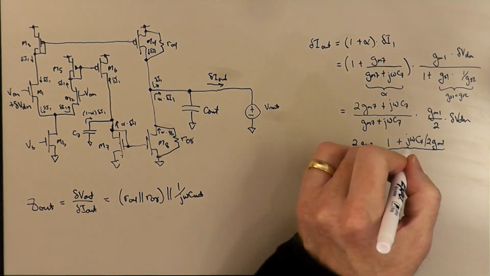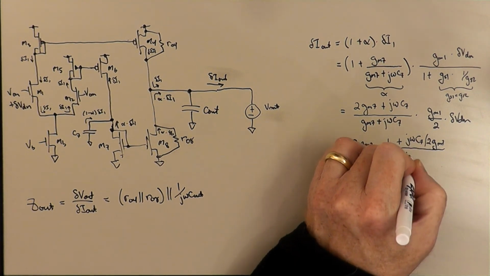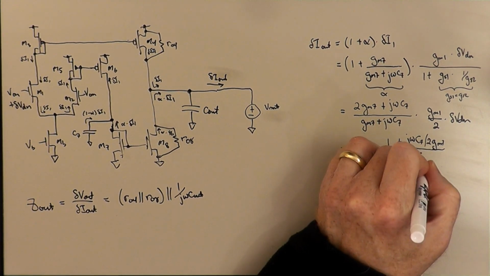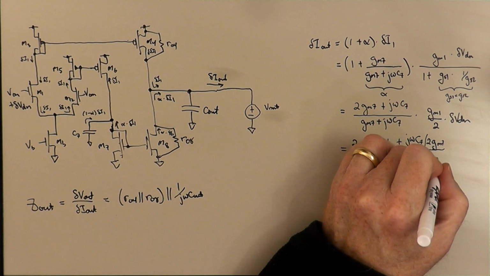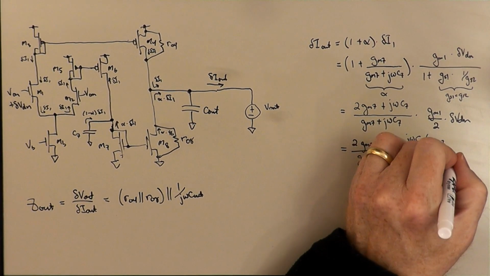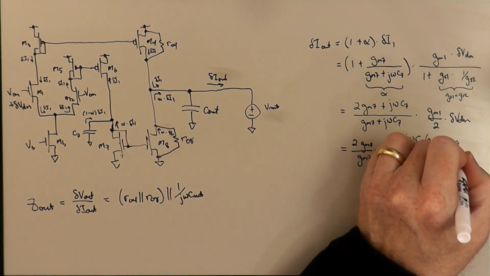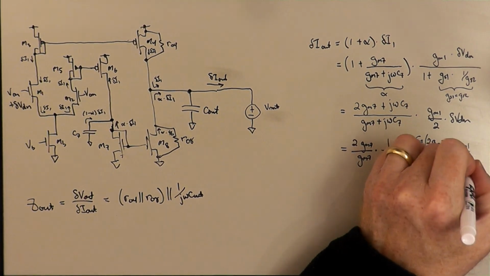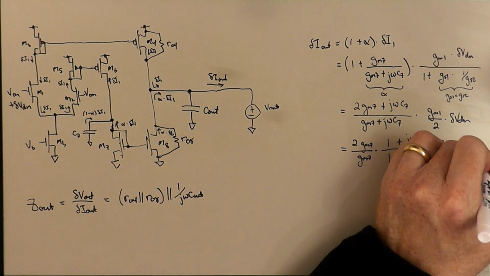And downstairs we have a 1 plus j omega c7 over gm7. And we have our gm1 over 2 times delta v dm.